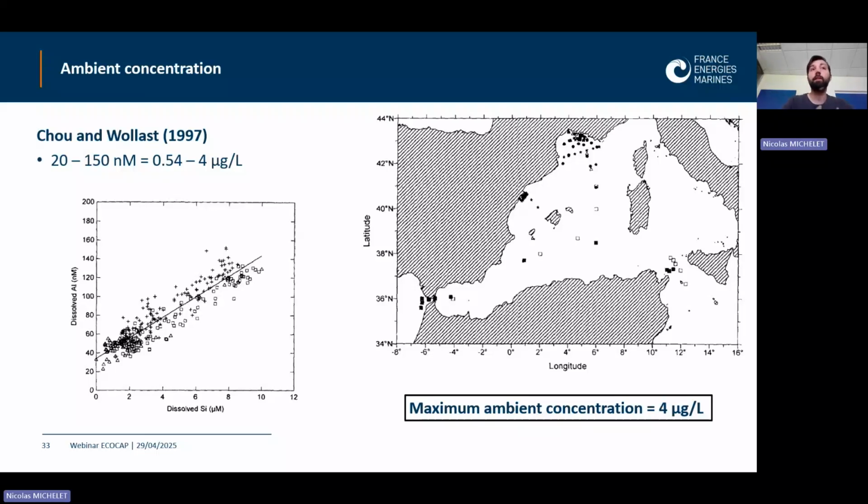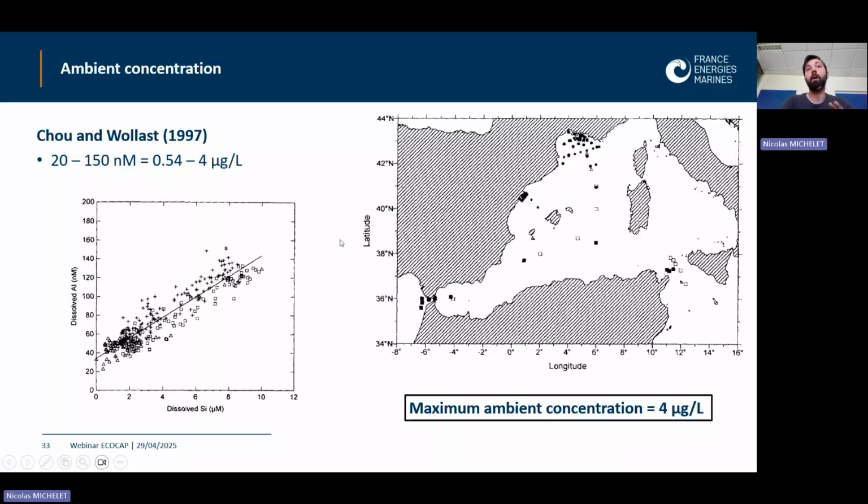So we have included this impact of what we have called the ambient concentration, which is the other source of aluminium in our study. And to place this study into the worst case scenario, we have considered the maximum of ambient concentration, that is 4 microgram per liter, and we have put it as a constant around our numerical domain.